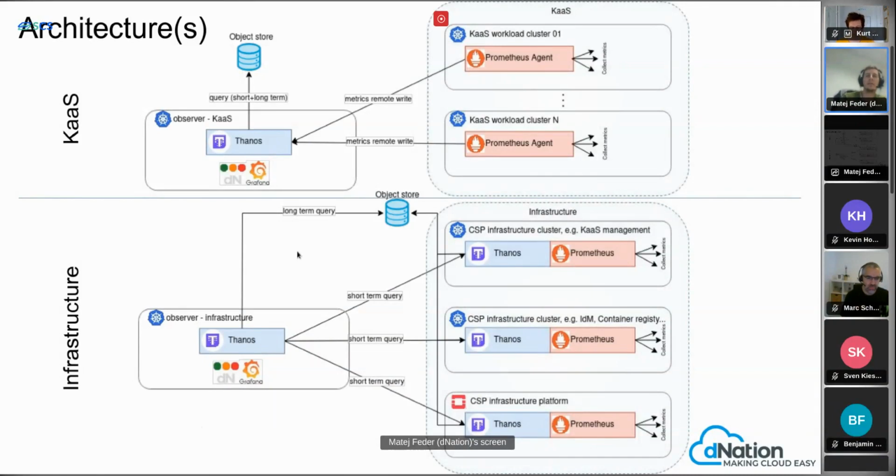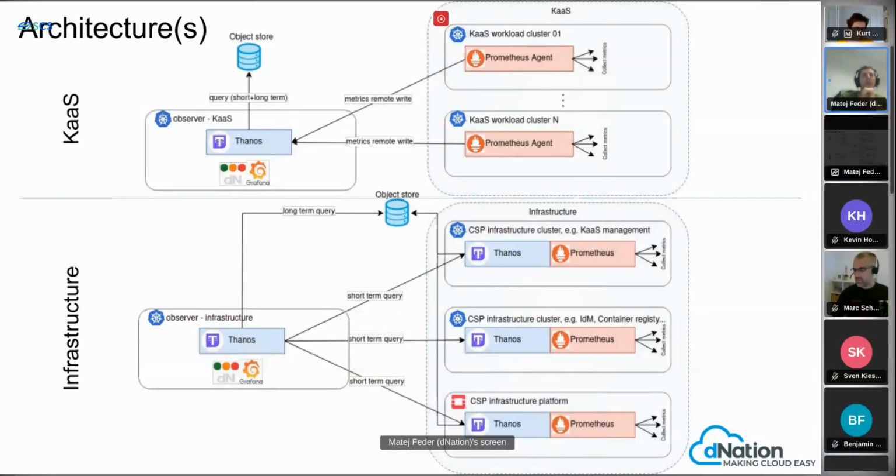So the bottom one, this architecture is internally used by the company and works. We have proof that this is working, and we are using this architecture on a daily basis. The architecture displayed at the top of the slide has been proposed for Kubernetes as a service offerings.